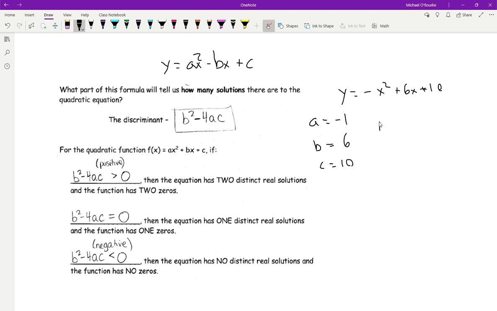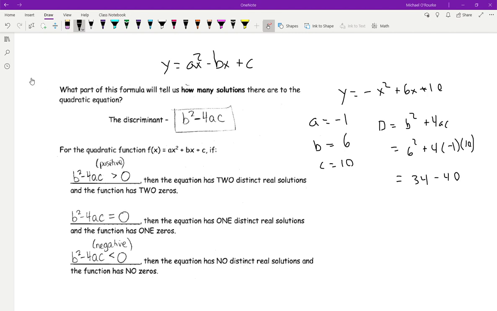So I could write big D for discriminant, B squared plus 4AC. So B is 6 squared plus 4 times A is negative 1 times 10. Okay? Is that right? For some reason I don't think my number is going to work. What is wrong with my formula?